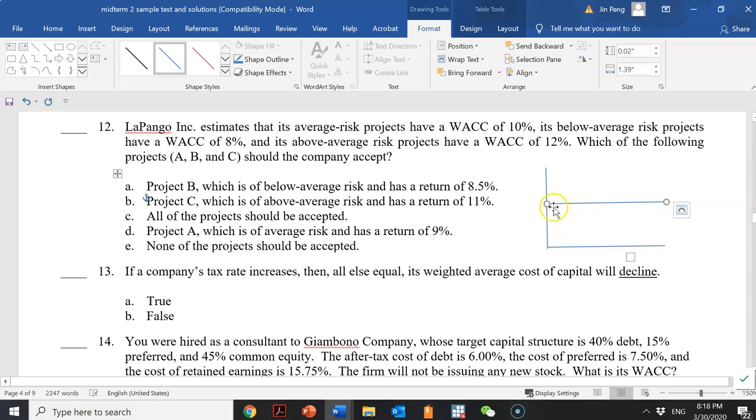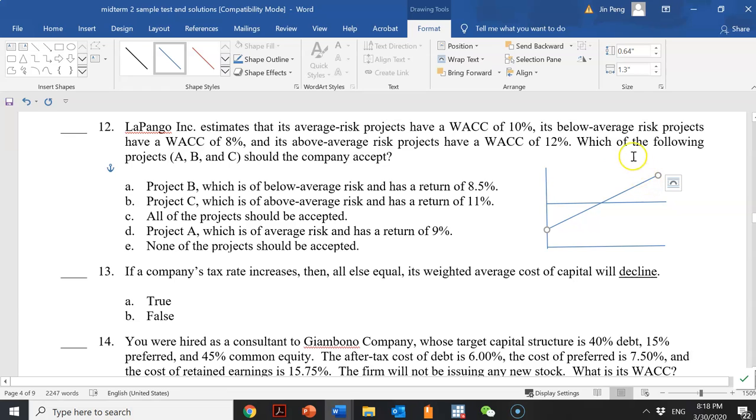Say it's 10%. We cannot use composite WACC. We need to use a risk-adjusted WACC line like this. For the x-axis, this is risk. For low-risk projects, we have a lower WACC. For high-risk projects, we have a higher WACC.